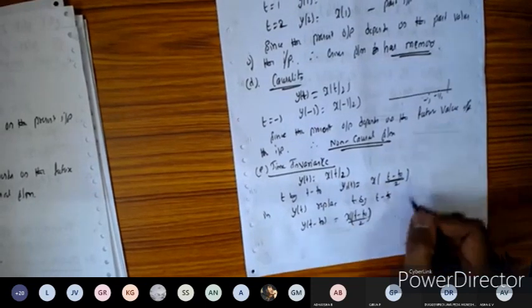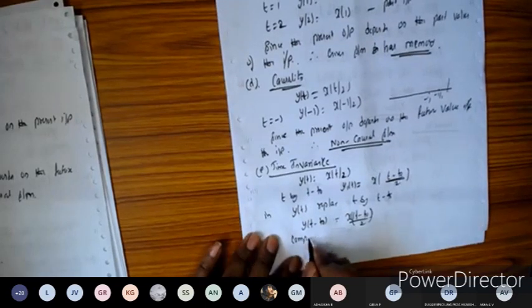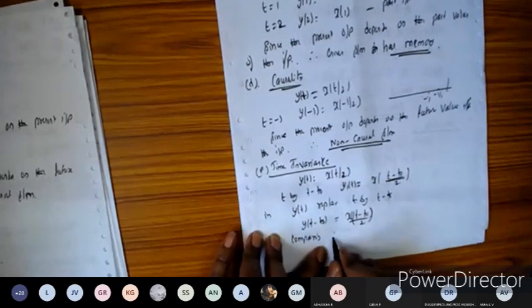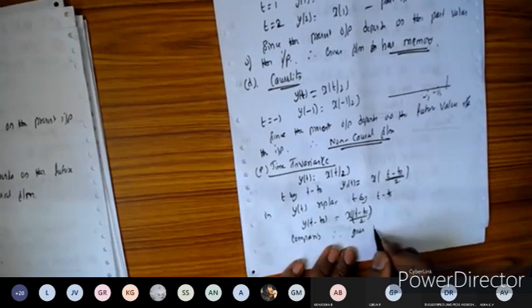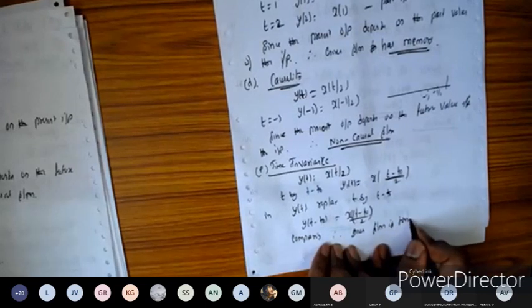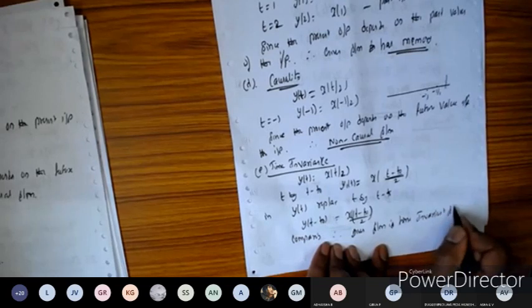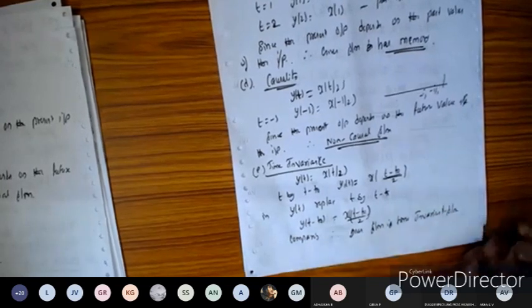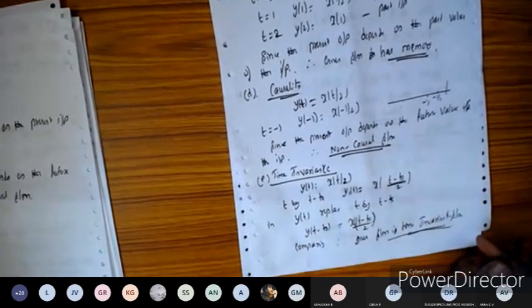Done. Now compare this expression. So comparing, since both are the same here, the given system is a time invariant system. It is a time invariant system here.